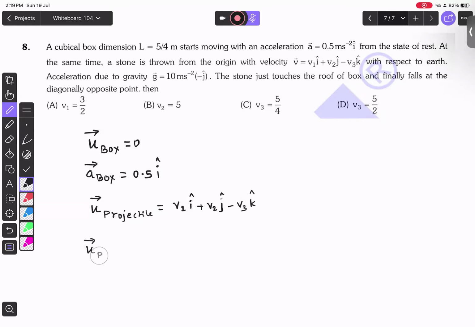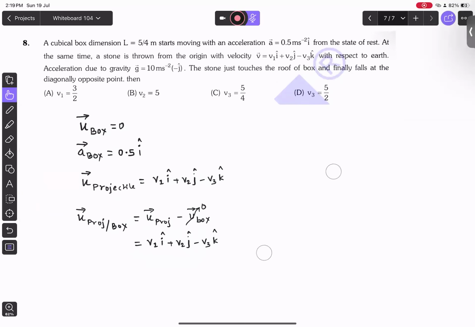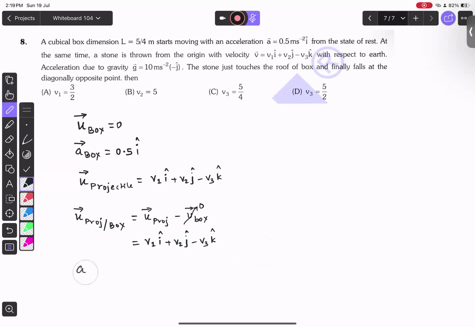The initial velocity of the projectile with respect to the box will be the initial velocity of the projectile from the ground frame minus the initial velocity of the box, which is 0, so it is this much. What else do I need? The acceleration of the projectile with respect to the box, which will be the acceleration of the projectile from the ground frame minus the acceleration of the box.